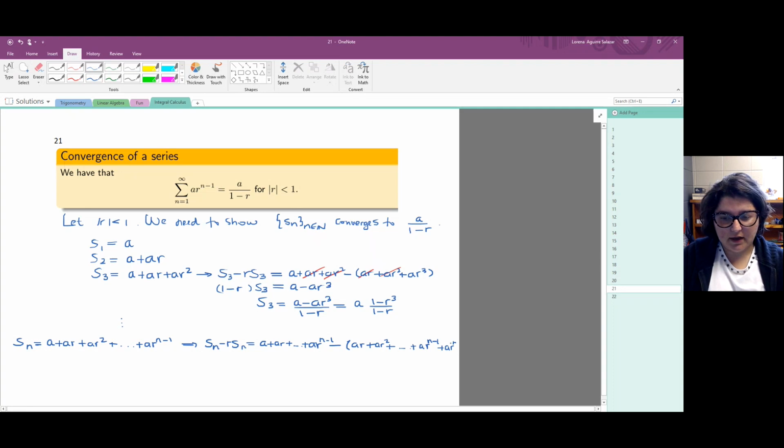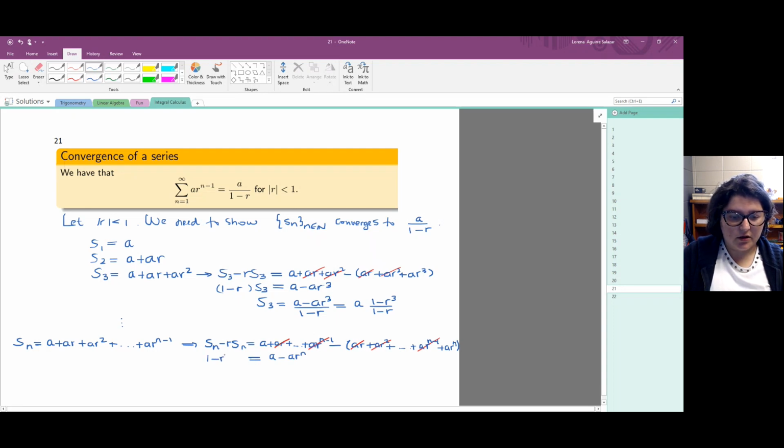And we get a lot of cancellations in the middle, like ar minus ar is 0, ar to the n minus 1 is gone, and so on. So all the middle terms are gone, and we get a minus a times r to the n.